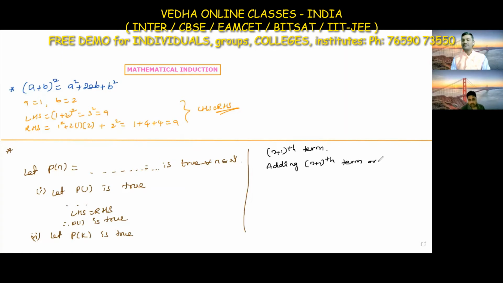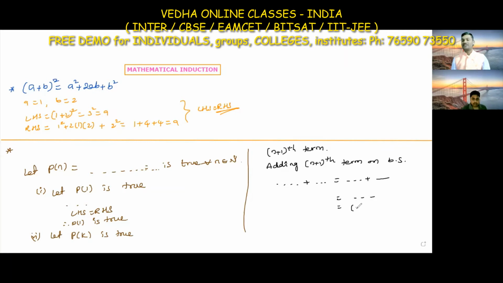For LHS we add the (n + 1)th term, and for RHS also we add the (n + 1)th term. After adding that, we take only the RHS part.